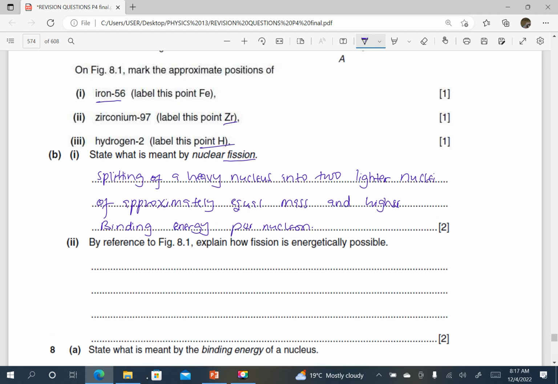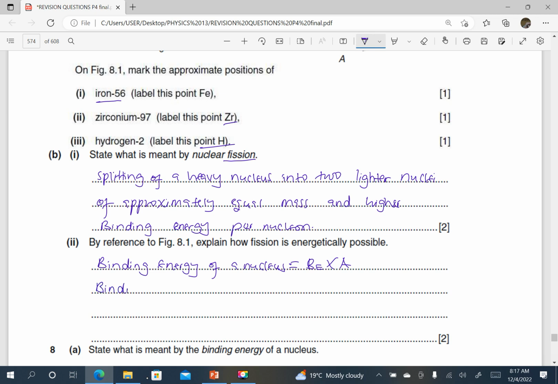So binding energy of a nucleus is equal to, from the graph, binding energy per nucleon times the nucleon number. Binding energy of a parent nucleus is less than the sum of the binding energies of the fragments for fission to occur.